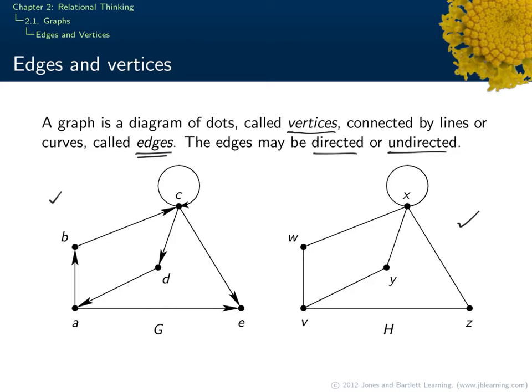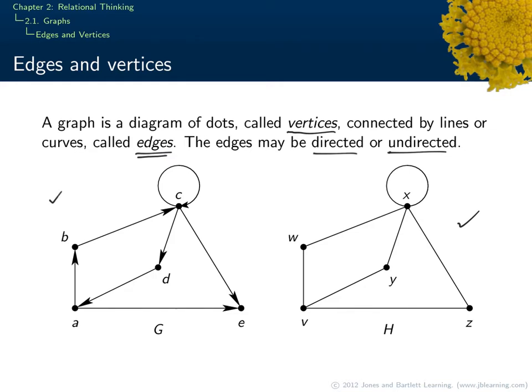The way to think about a graph is that the dots or vertices represent objects of interest to us, and the edges represent relationships among these objects. For instance, on the graph on the right, V, W, X, Y, and Z could be cities, and an edge will join two cities together if there's a single interstate highway joining them.